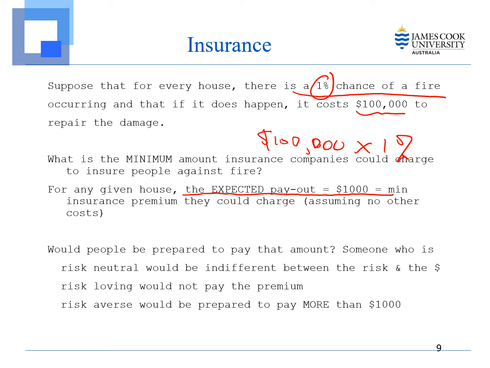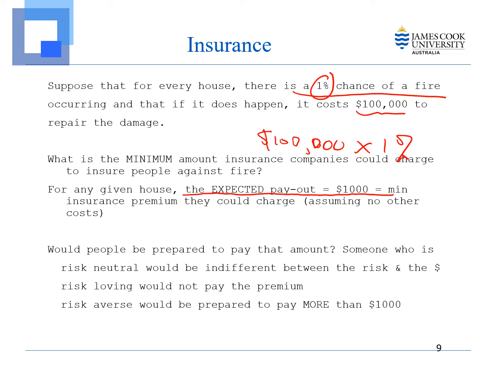Now the question is, would people be prepared to pay this $1,000 in order to insure their house against the fire? And again, the decision depends on the risk attitudes of the persons.